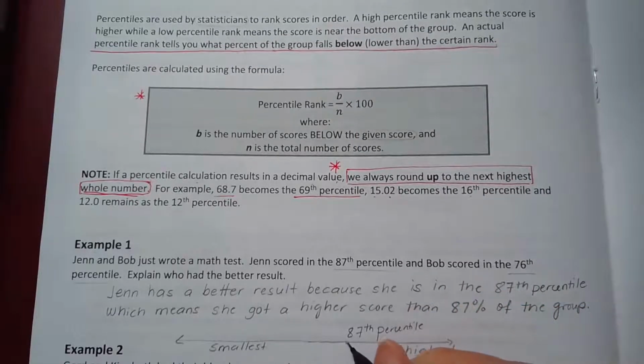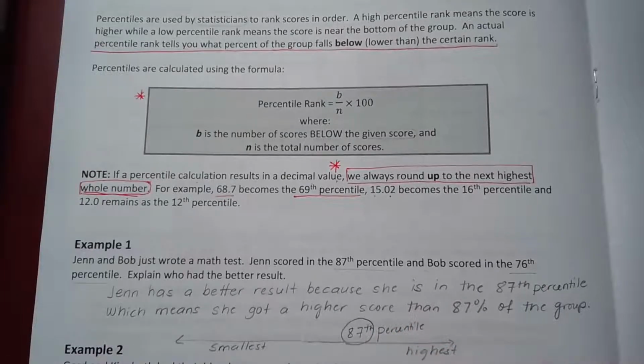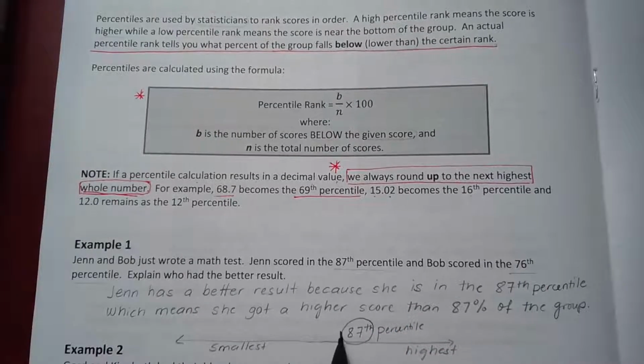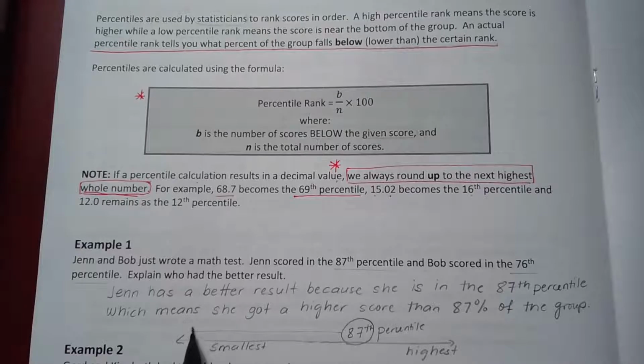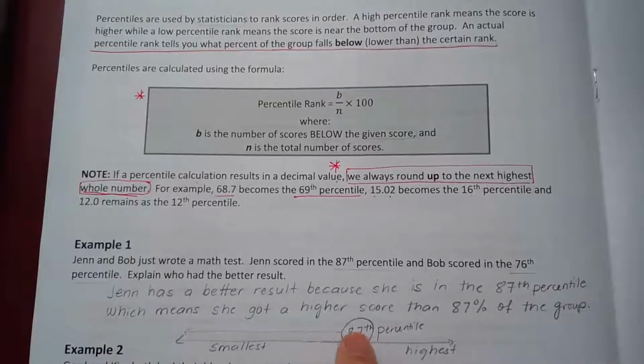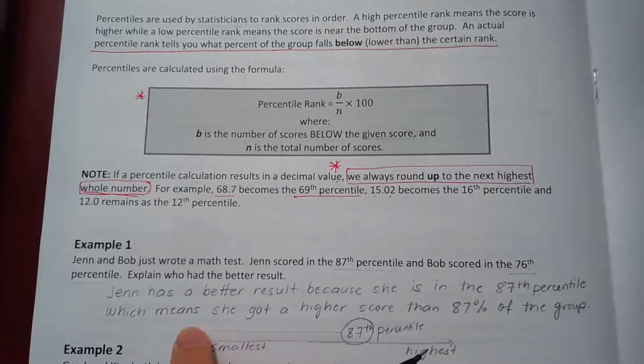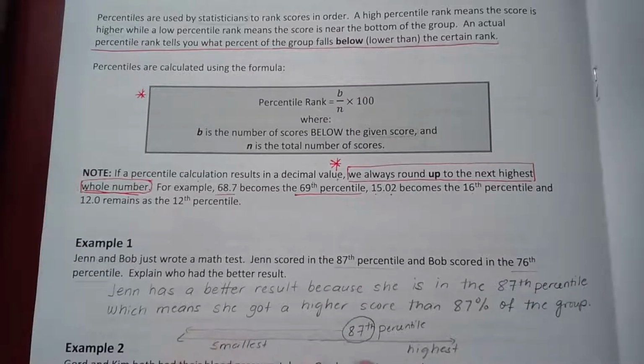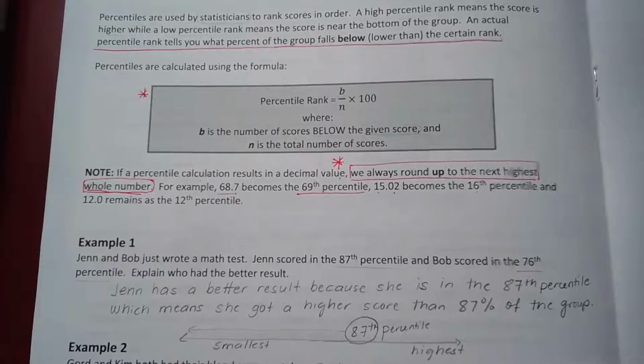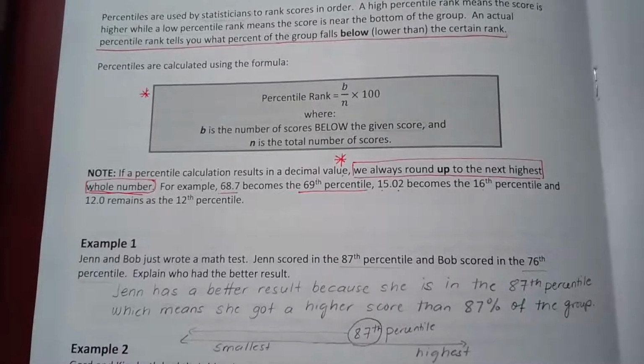Okay, so this is her 87th percentile. That means her mark, whatever it is, is such that 87% of the group got lower than her.